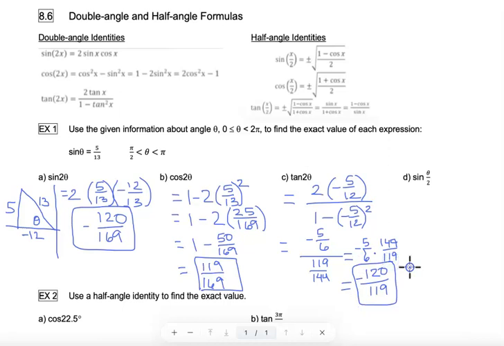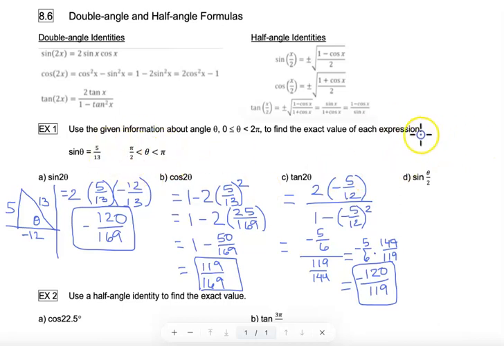All right, so far, so good. Really just a lot of plugging in and simplifying, not a lot of brain power that we've had to expend. When we get to the half angles, you do have to be careful, because what we have to do that we don't have to do with the double angles is check the quadrant.